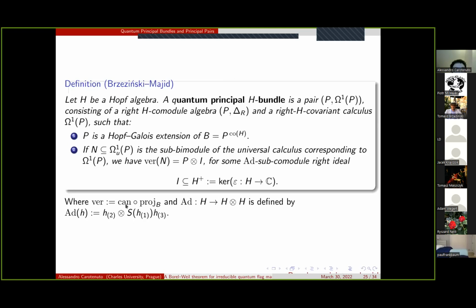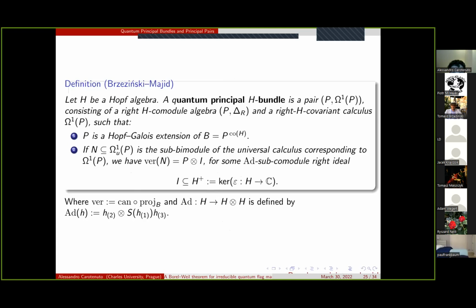Then we compose with the canonical map. And if this vertical map applied to the sub-bimodule N gives P times I, where I is some ad-subcomodule right ideal, then we say that we have a quantum principal H-bundle.